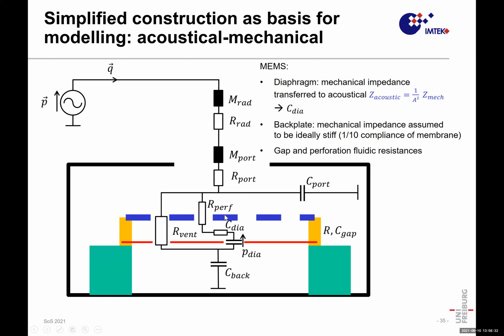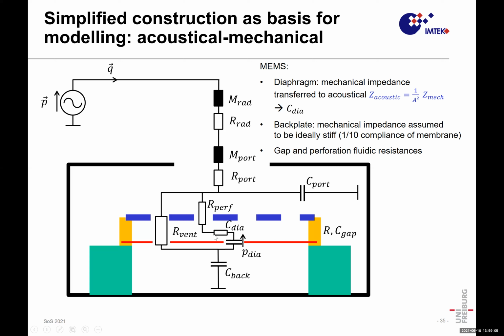You could imagine each of the holes has a resistance, but I can simplify by using an equivalent perforation resistor, which is related to 1 over the number of holes that we have. So in total, it is of course much smaller than a single perforation hole. Maybe we have 10,000 holes of very high resistance, so we divide the one resistance by 10,000.